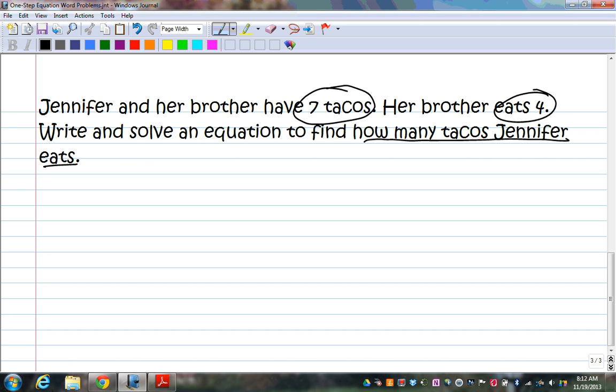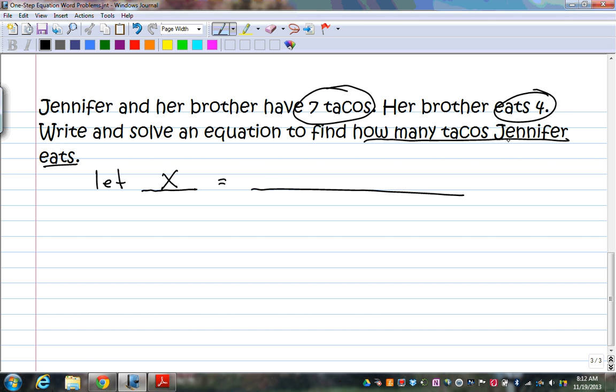Then what I'm going to show you is a let statement. You have let equal. This is to help you identify the variable and how to use it in an equation. So you could say let x or n or y or whatever you want to call your variable equal whatever it is that you're solving. And if you go to the last sentence of a word problem, it's usually what you're solving.